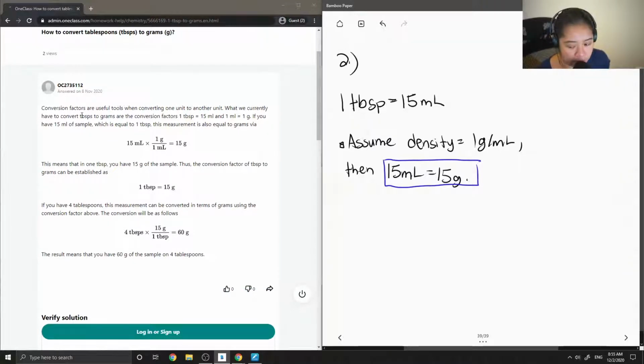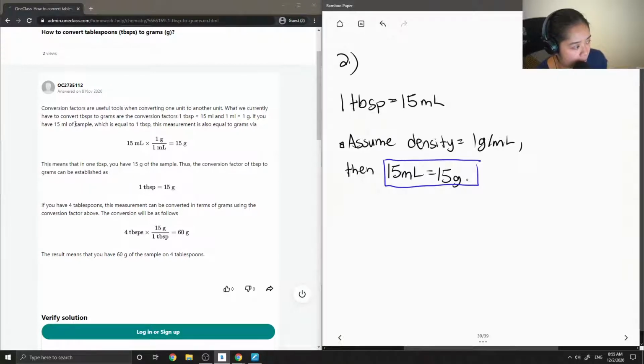Conversion factors are useful tools when converting one unit to another unit. What we currently have to convert tablespoons to grams are the conversion factors: 1 tablespoon is equal to 15 mL, and 1 milliliter is equal to 1 gram.